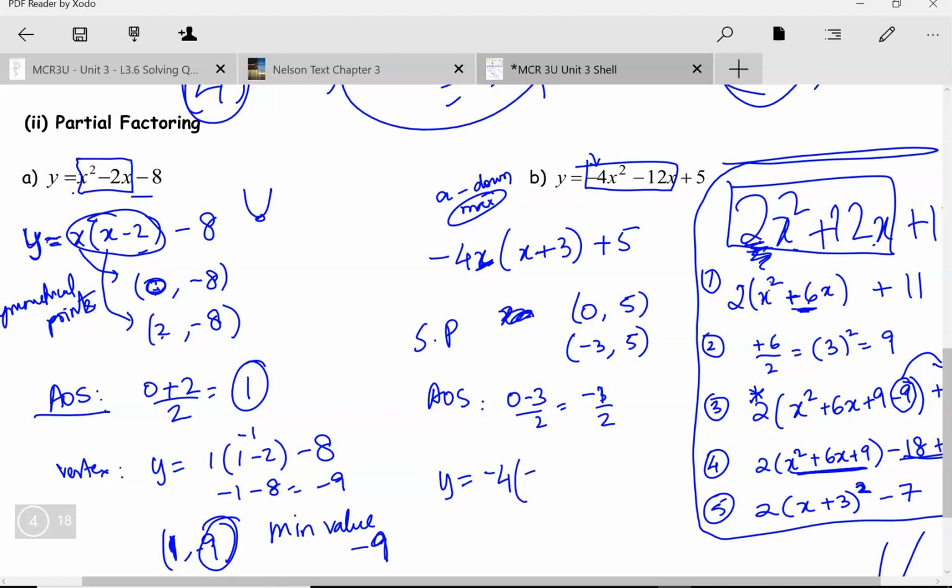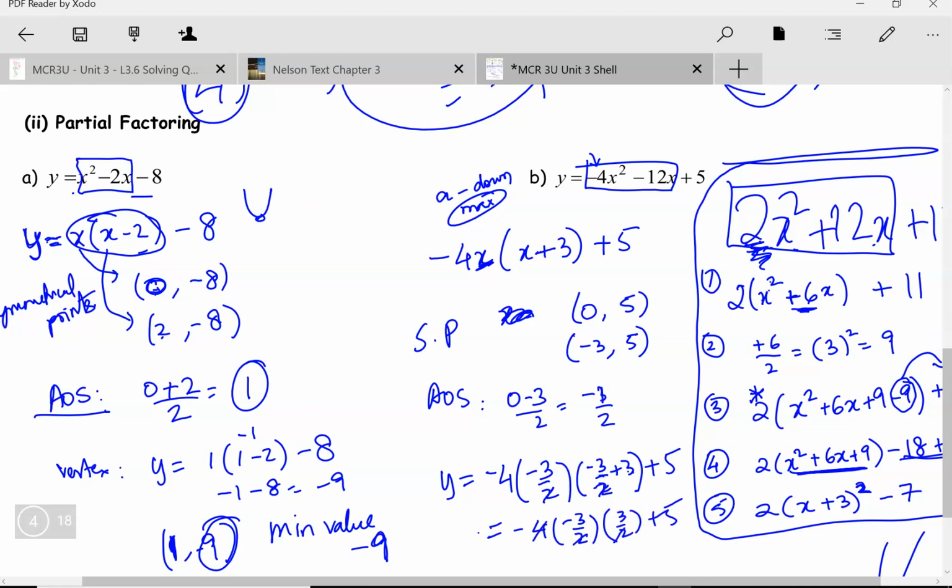Negative 4 times negative 3 over 2 times negative 3 over 2 plus 3 plus 5. And this actually happens to be, what is this? Whoops, I can't cancel this because I have to add first. So negative 3 over 2 plus 3 is actually positive 3 over 2.